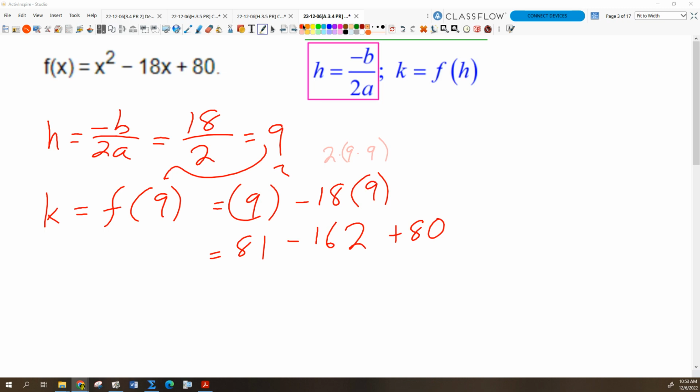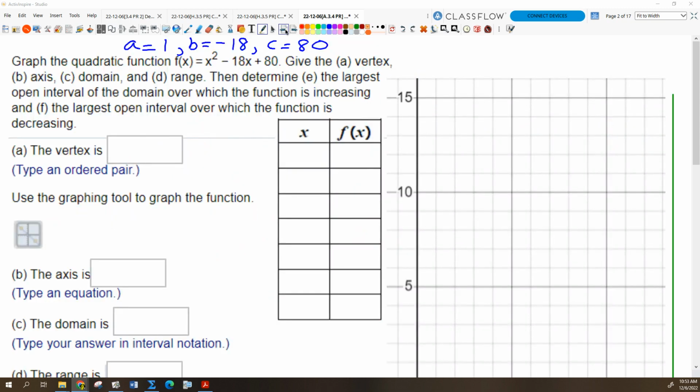Minus 162. What's 161 minus 162? Negative 1. So the ordered pair, HK, which is our vertex, is 9, negative 1. We can go back to this page here, and sure enough, that's what we got.